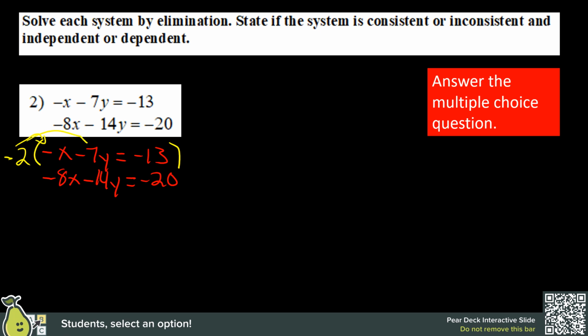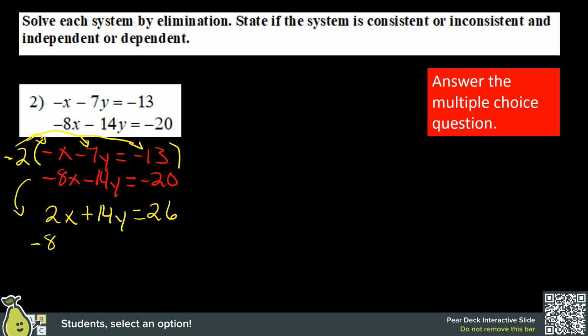We're going to distribute it to everybody in here. So what happens here is we're going to have negative 2 times negative x is a positive 2x. Negative 2 times 7y is plus 14y, equals negative 2 times negative 13, which is a positive 26. We'll bring down the second equation there.